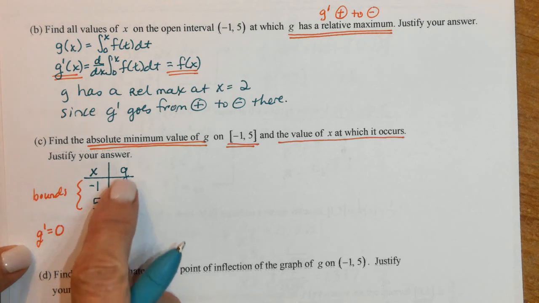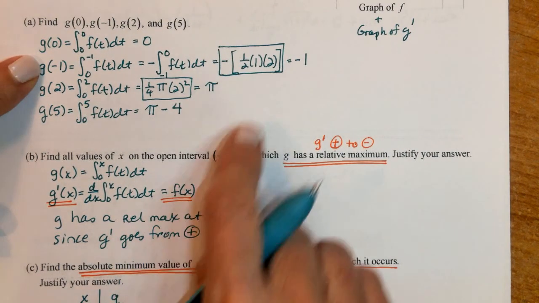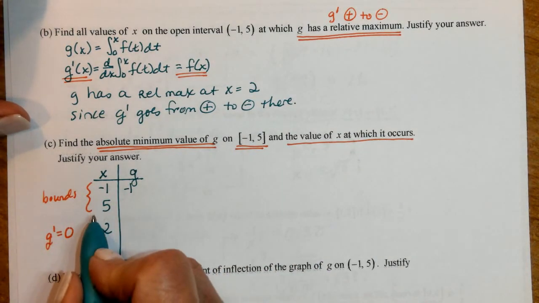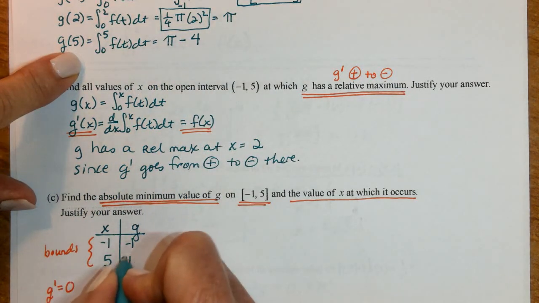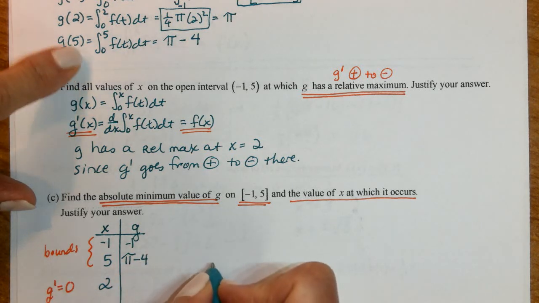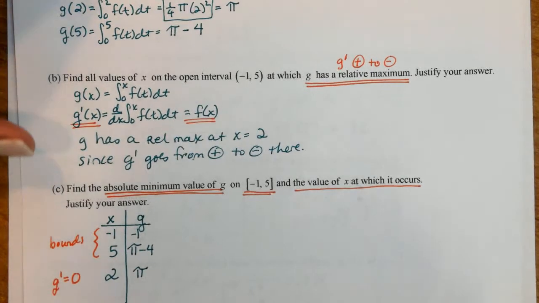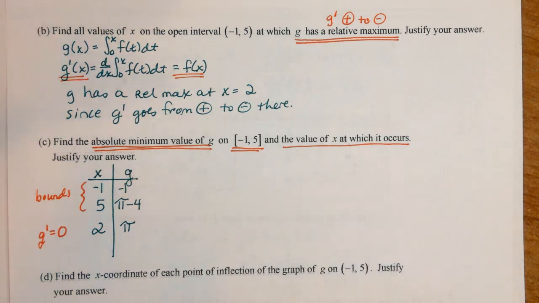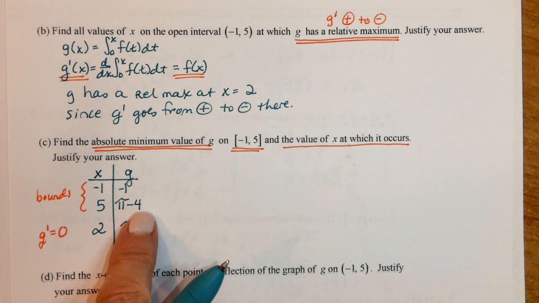All right? G at -1 is the one that we found previously. G of -1 was -1. G of 5, we found up here in part A, is pi minus 4. G of 2, we also found was pi. Okay? Which is the lowest? Is -1 lower than pi minus 4?